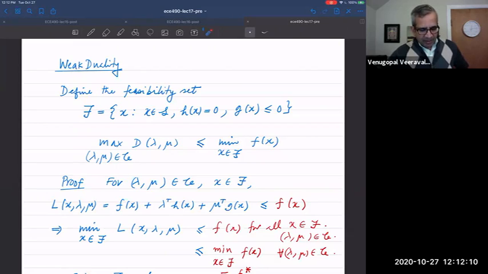But those are more researchy topics, and they're also specific to applications. So in certain applications, you can show that there's no duality gap, and then the dual problem will play a significant role. In fact, those of you who are going to be doing research projects might come across some of these results in the papers that you look at.